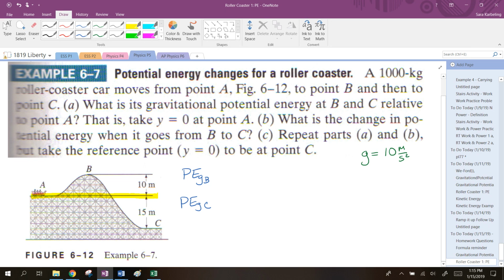Again, make your life easy. Use g equals 10. mgh. Write it down. Probably don't need a calculator because it's just a bunch of zeros. Okay? I think you can do it. Talk to your table mates. Talk to your physics friends. You got this.